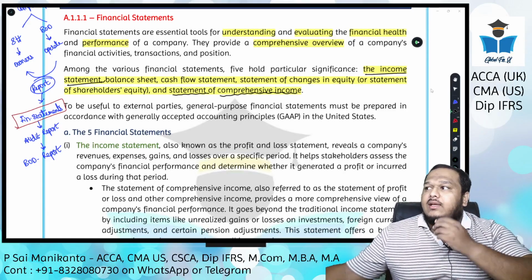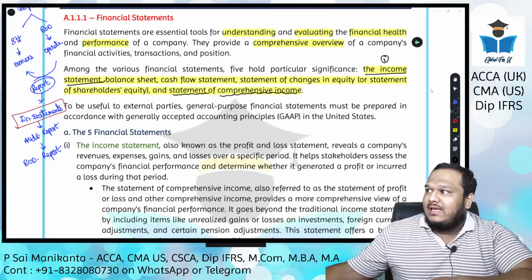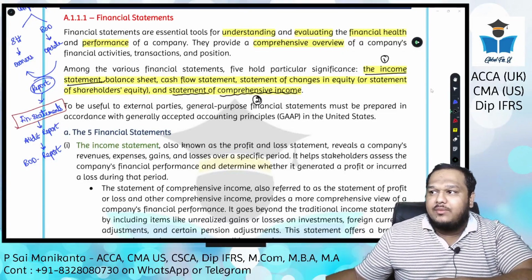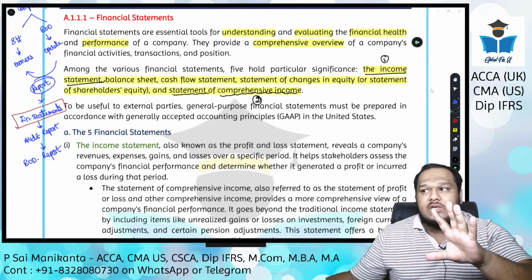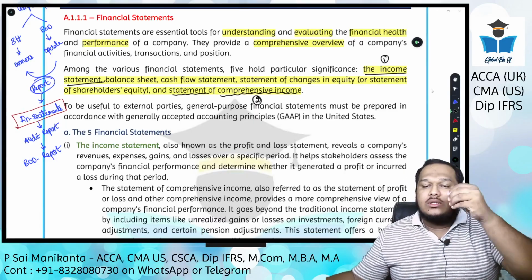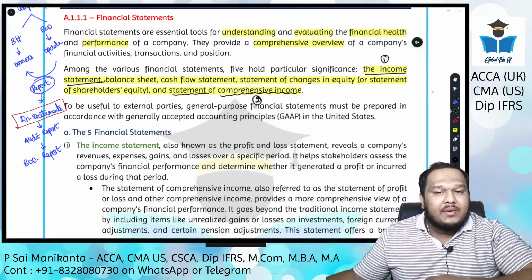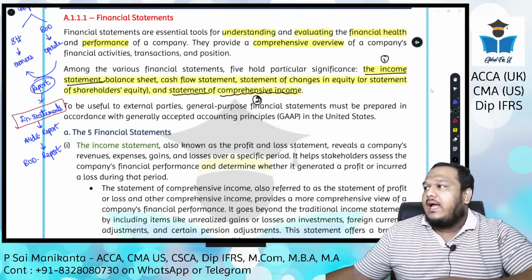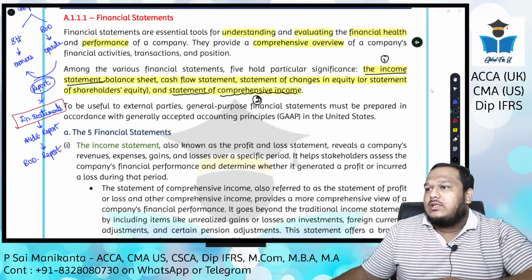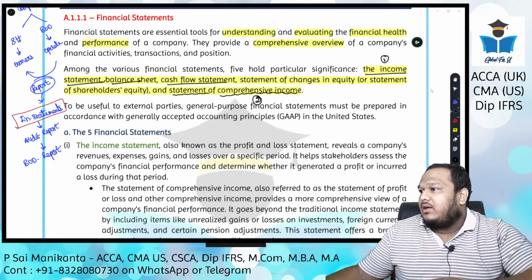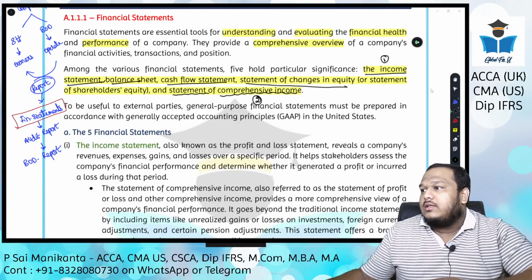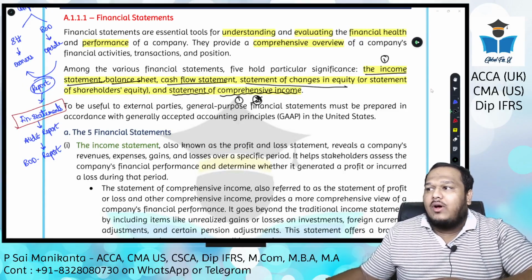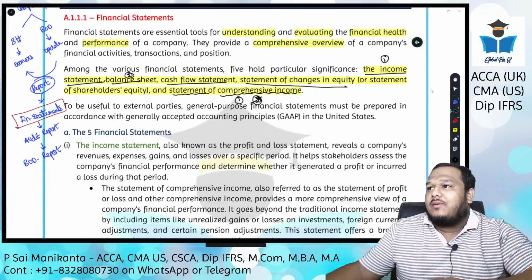Technically speaking, there is no separate income statement and comprehensive income statement. There is one comprehensive income statement that also includes the income statement. So these are not two separate statements, they are one. Sir, in that case, this is 1, this is 2, 3, 4. This is not 5. Then where is the fifth one?